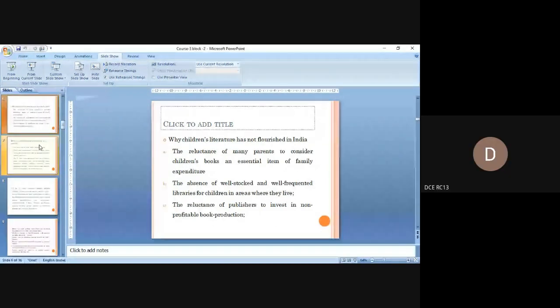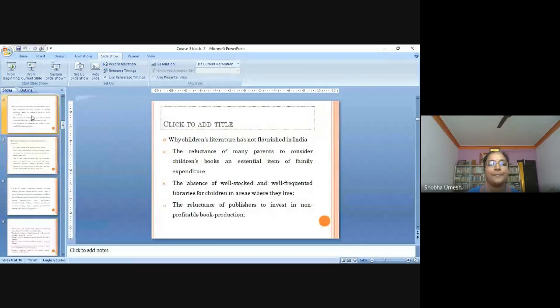So why has children's literature not flourished in India? The situation may exist in other parts of the country also. I can say all over the world, maybe. There are certain parents, a certain group of people, who feel that it is a burden to buy books for children, and also public libraries are not there in the locality where they live.